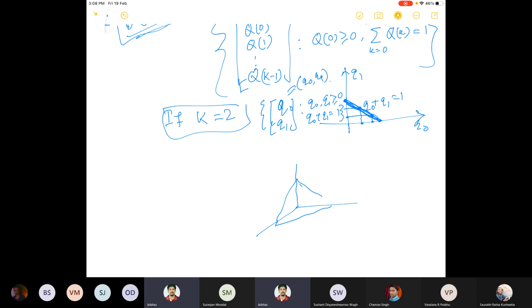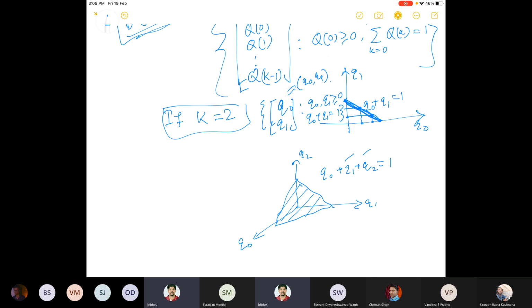It will be a finite plane, q0 plus q1 plus q2 equal to 1. It is a two-dimensional plane because there are 2 degrees of freedom: q0, q1, q2. So for higher dimensions, you can say this is a closed and bounded set.